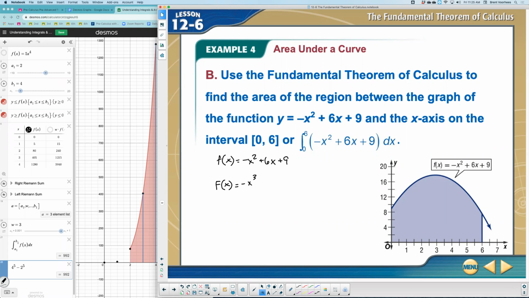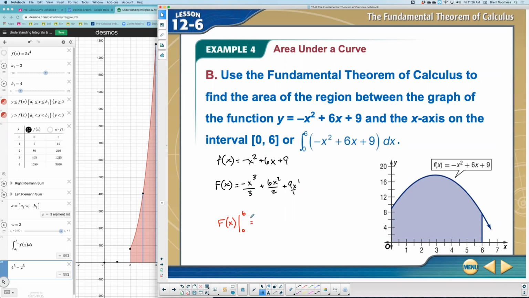So it'll be negative x to the third divided by 3, plus 6x squared divided by 2. And this is like x to the 0, so it'll become 9x to the first power, which means I divide by 1. So what we'll do is evaluate this antiderivative. Again, we don't have to worry about the plus c when you evaluate your antiderivative, from 0 to 6.